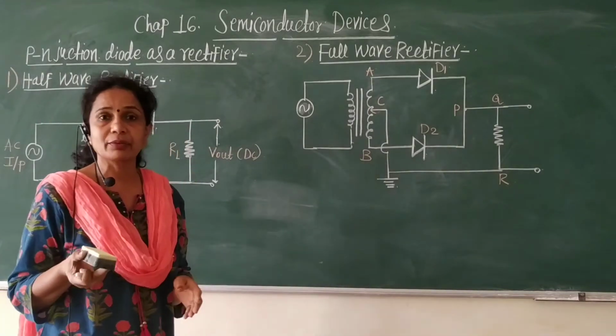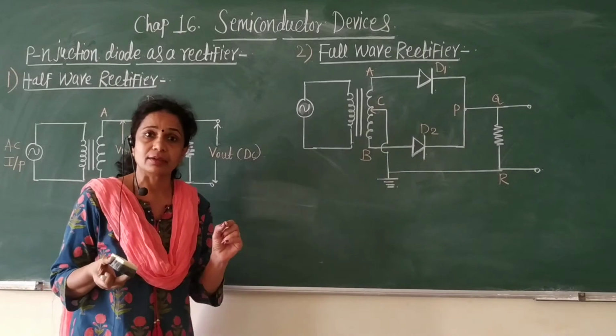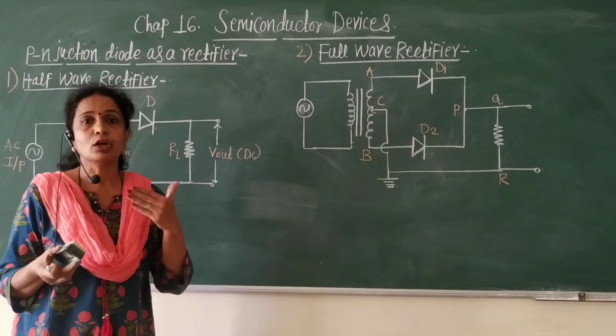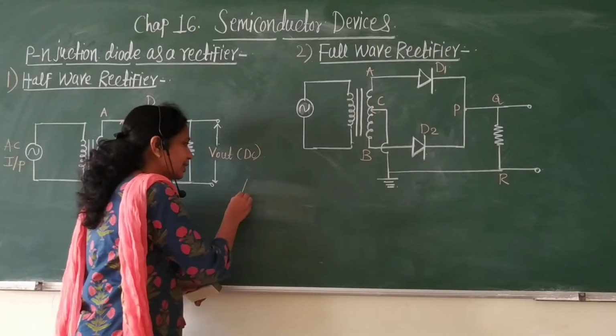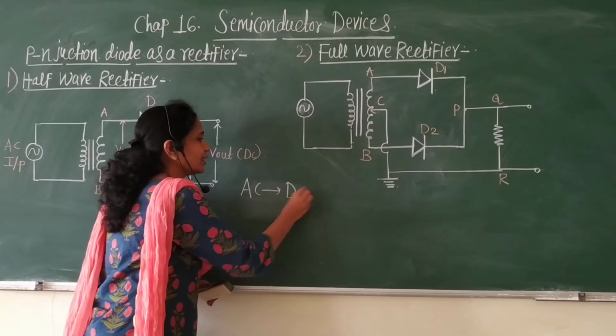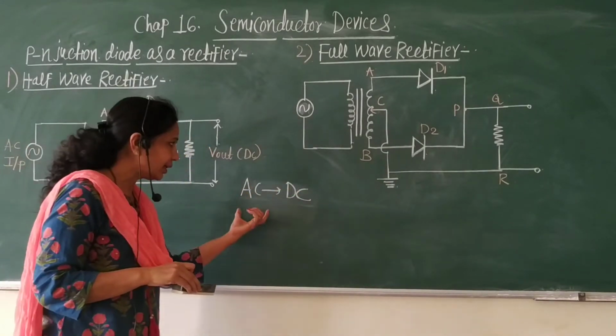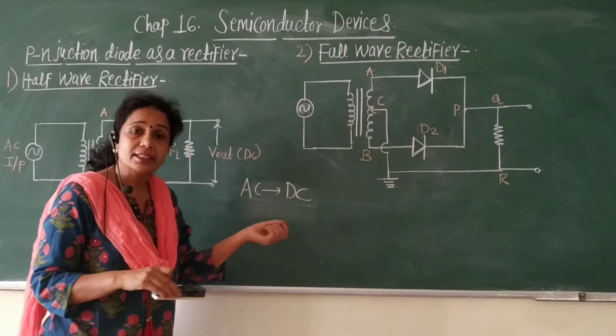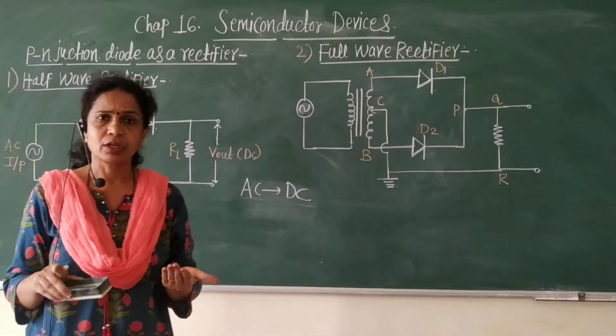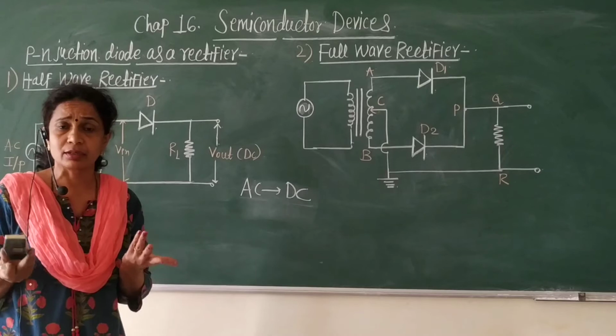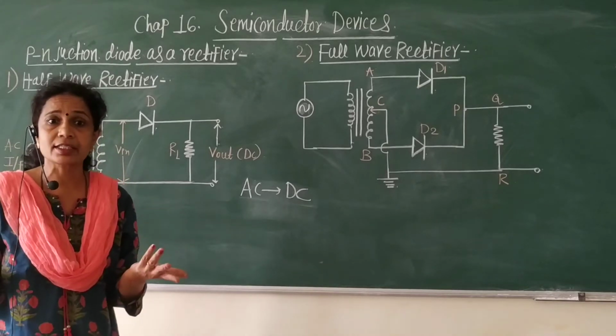Then what is the rectifier? Rectifier is the electrical device which converts AC into DC. AC means alternating current and DC means direct current. What is the necessity of this conversion of AC into DC?